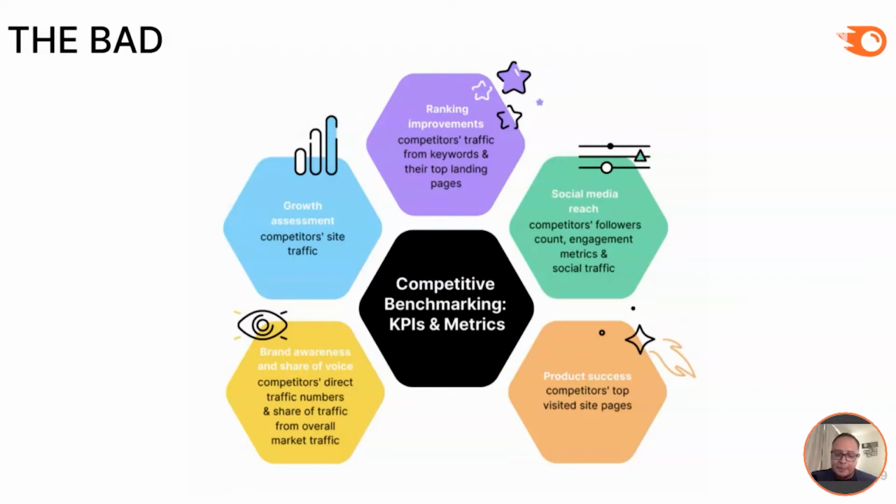Based on the goals you created, you need to align everything with the information you have from your competitors: the brand awareness, the competitor site traffic, the KPIs on ranking improvements for their keywords, the social media reach they have, the product success. There's going to be a lot of information you need to use in order to have that helicopter view of what they're doing.